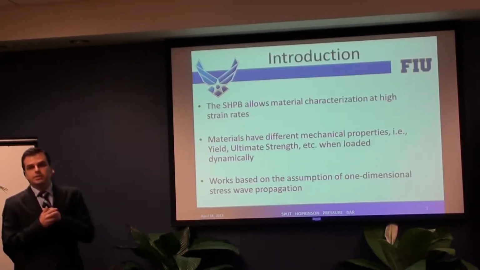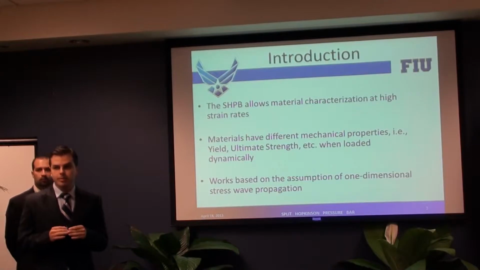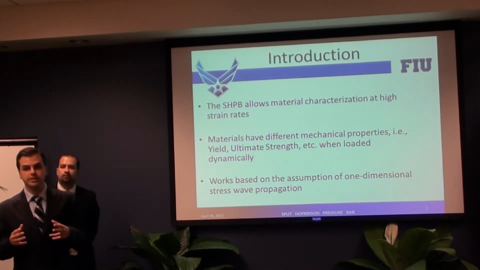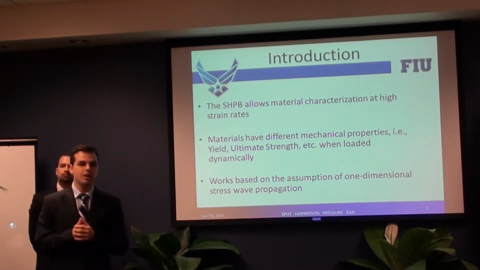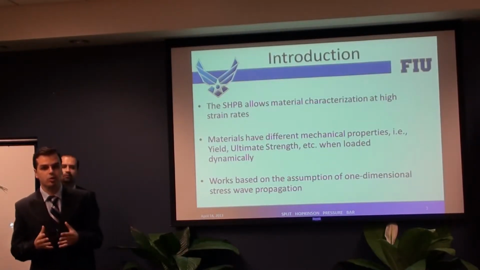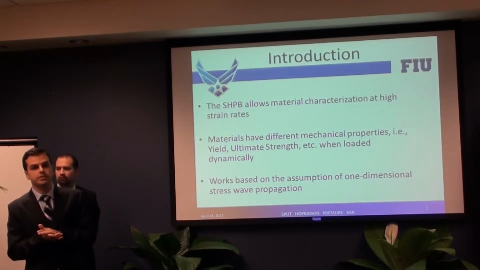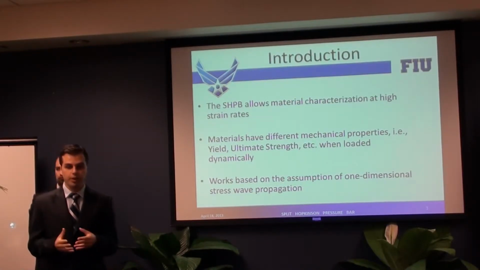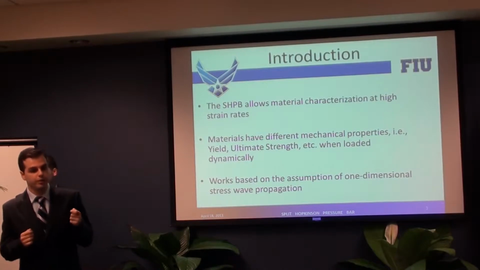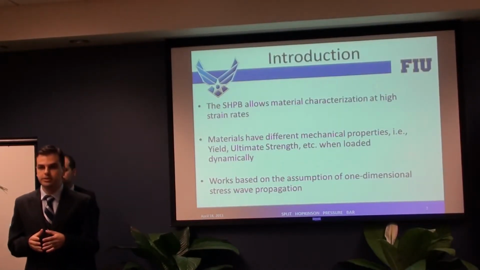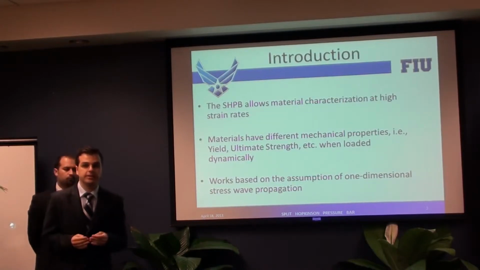Now, these Hopkinson bars allow for material characterization at high strain rates. What this means is that generally in textbooks, what we see is quasi-static loading. You grab a material and you apply a load very, very slowly until you reach its breaking point. Now, if we were to grab a hammer and smash that same object, those mechanical properties would react in a different manner.